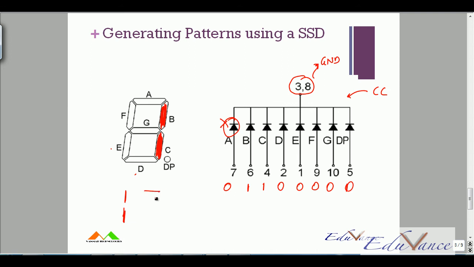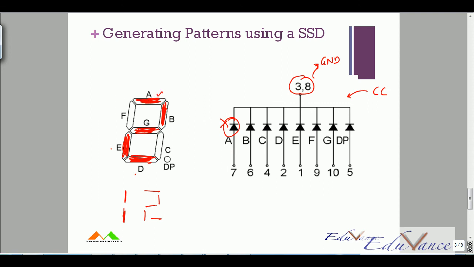Suppose if I would like to display the number 2, how would I do that? I would need A, B, G, E and D. That's it. What would I do here? I need A to glow.